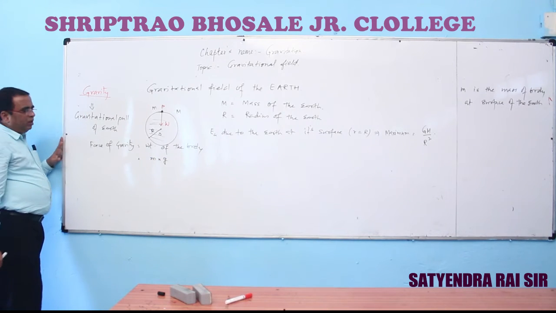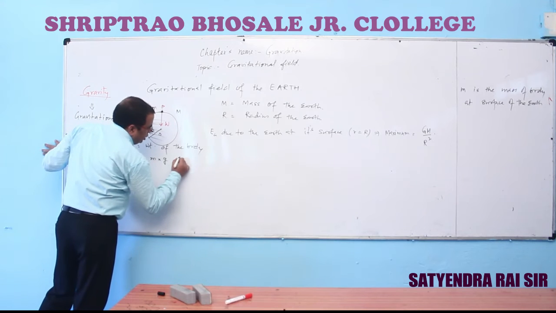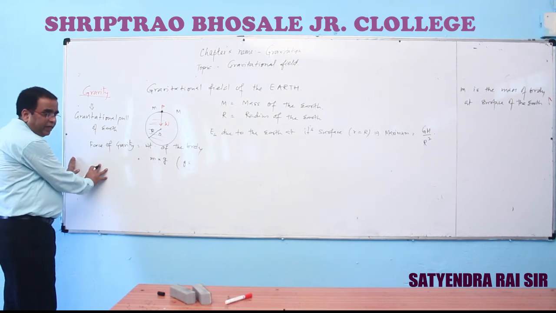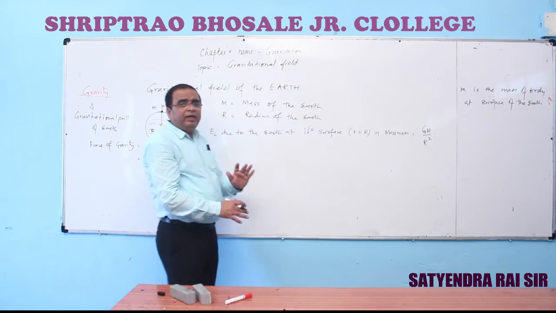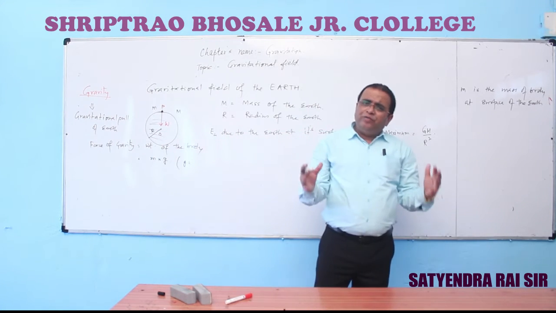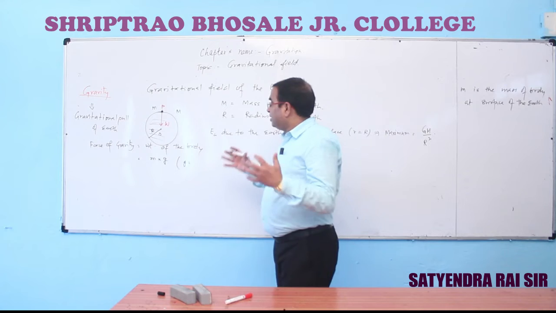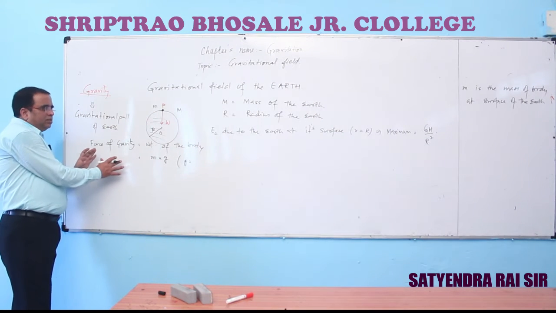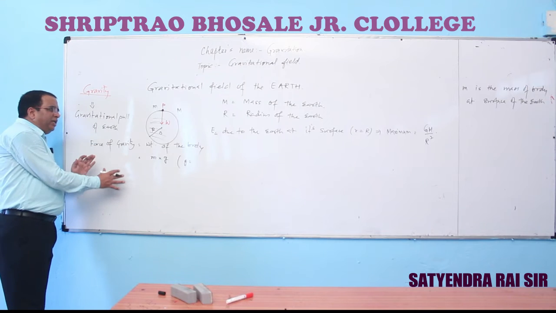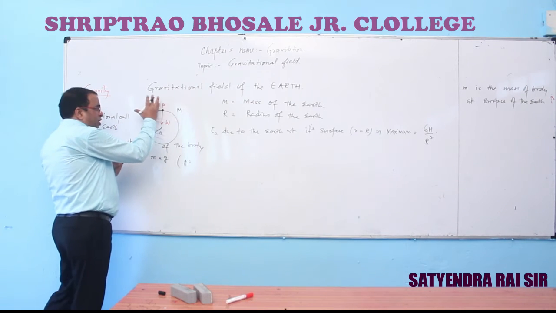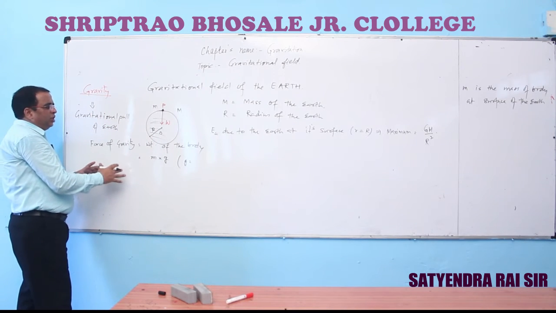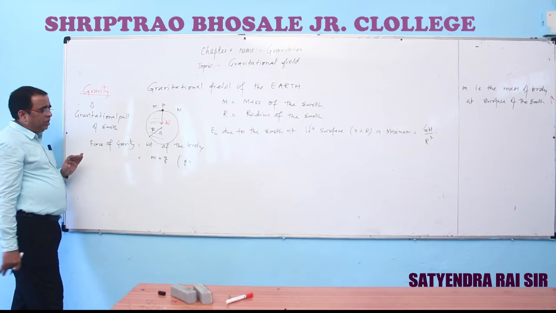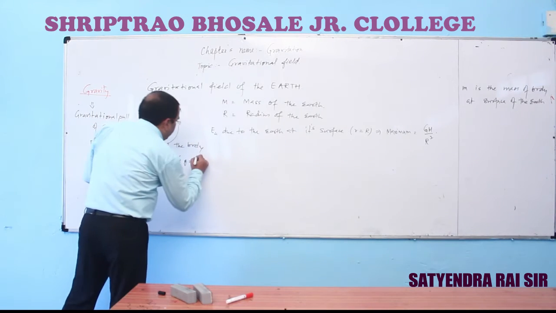What is g called? Since g is force by mass, right? So dimensionally, you can check it has the dimension of acceleration, and force upon mass is called acceleration. But this acceleration, since this is the force, this gravity is the force of gravity experienced by the body of mass small m kept at the surface of the earth, which equals the mass of the body into g, the acceleration due to gravity, where g equals F by m.